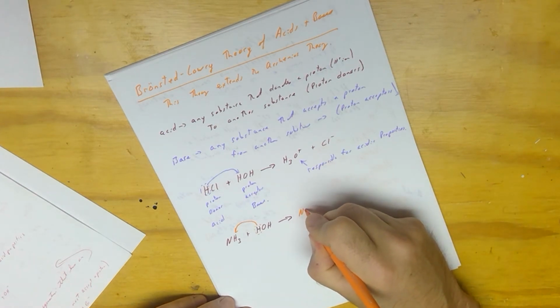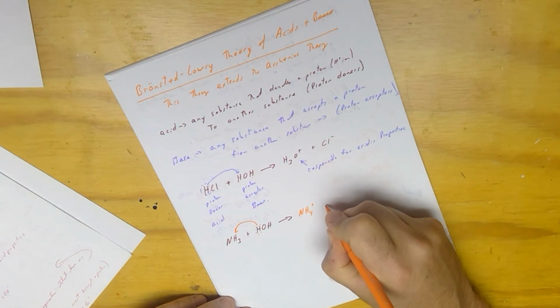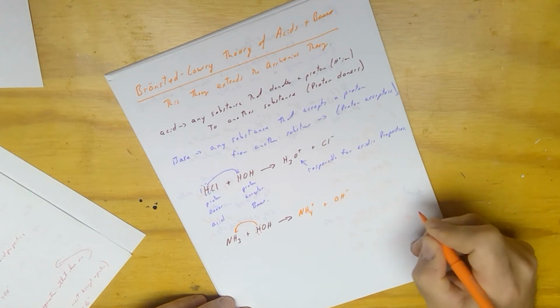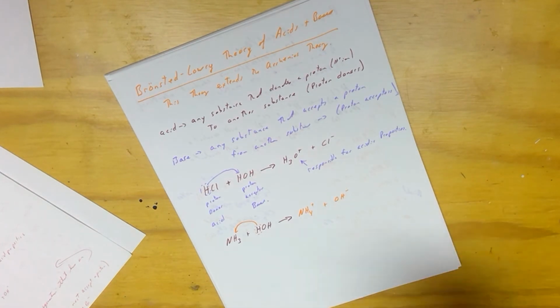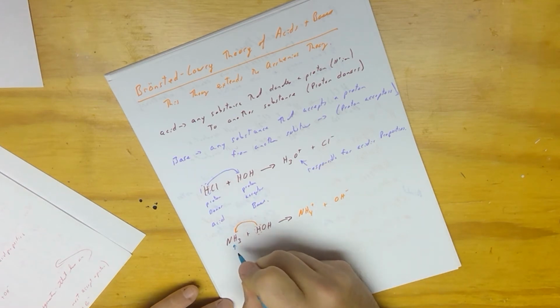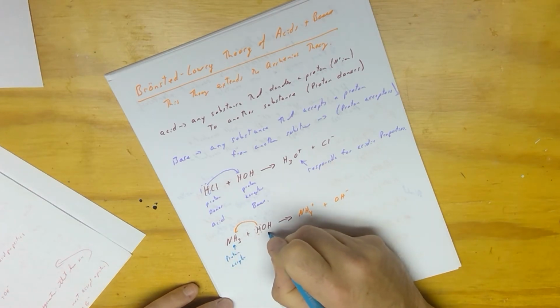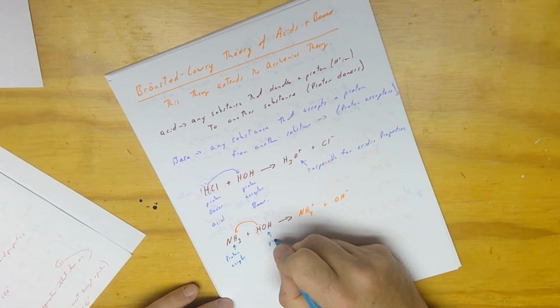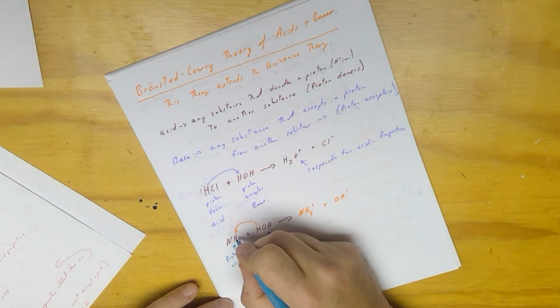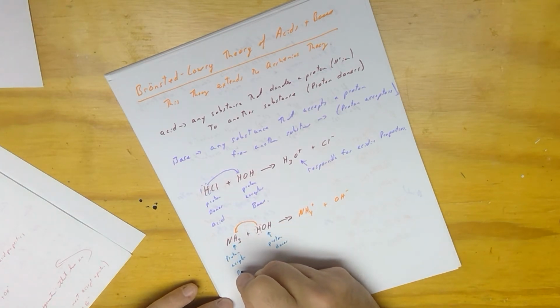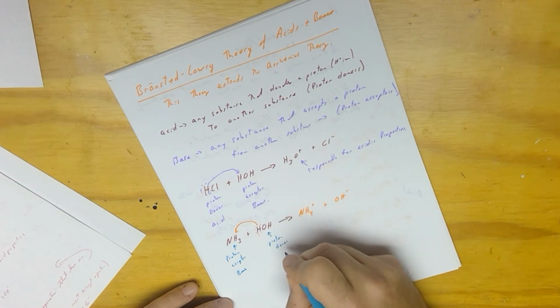And we end up with NH4 plus and OH minus. Now, this is acting as a proton acceptor. The water is acting as a proton donor. So the ammonia right here is acting as a base, and the water is acting as a Bronsted-Lowry acid.